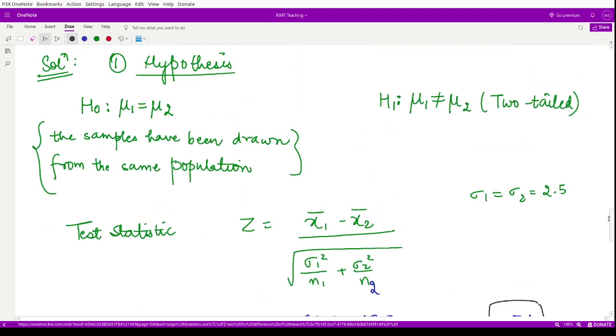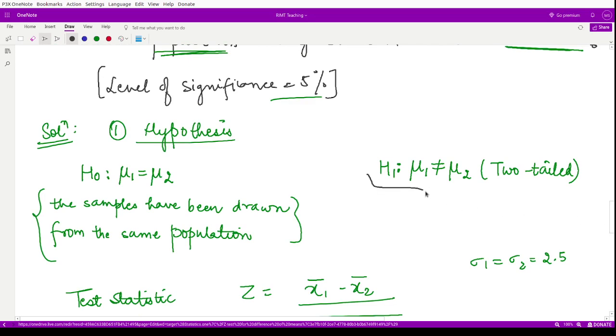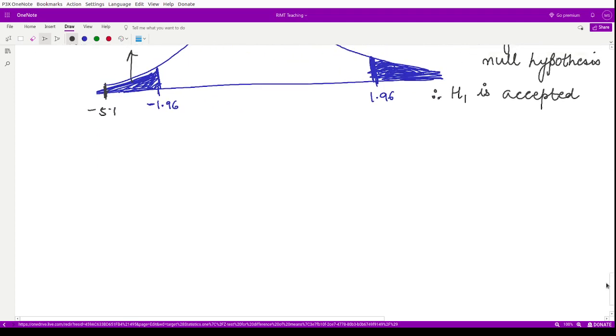And what was your alternative hypothesis? It was that the two means are not equal to each other. So it said that mu1 was not equal to mu2. This was the statement for H1.